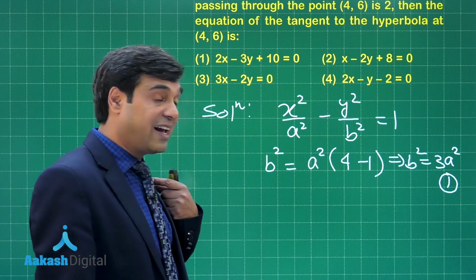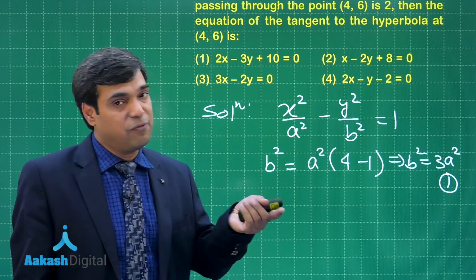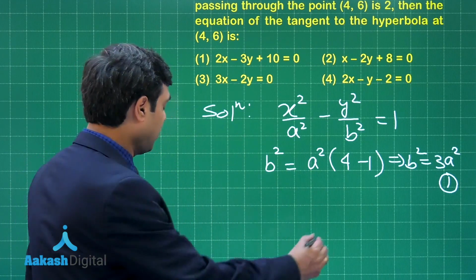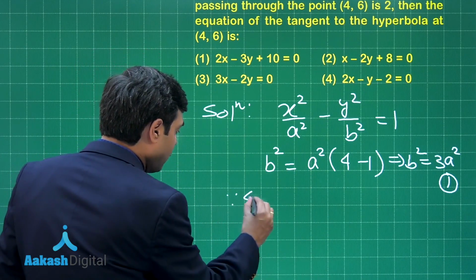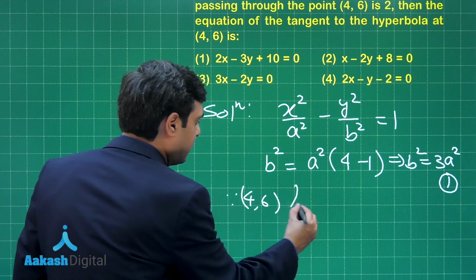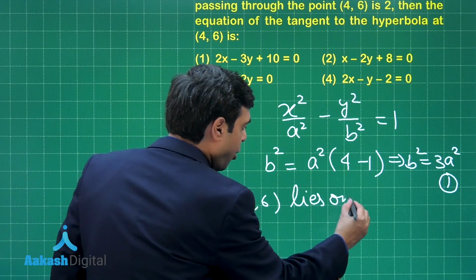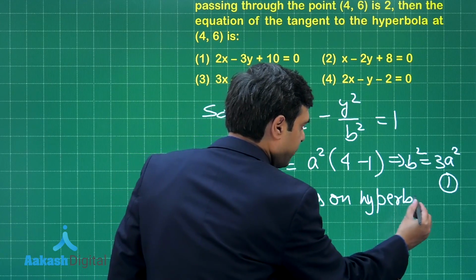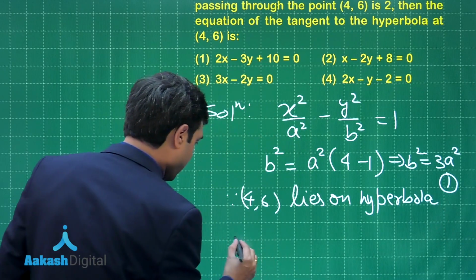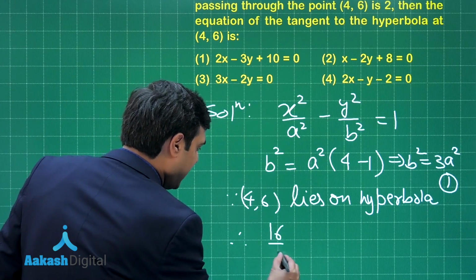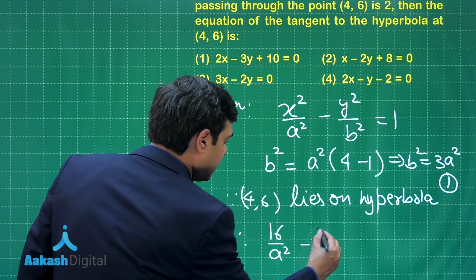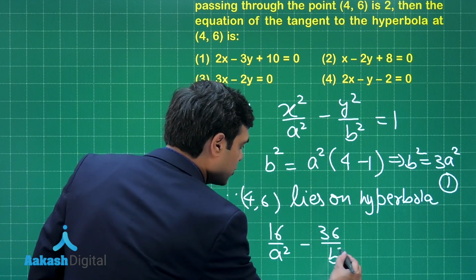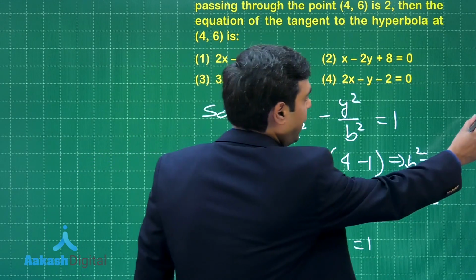Now we have to find the tangent at (4, 6), meaning (4, 6) is lying on the hyperbola. Since (4, 6) lies on the hyperbola, therefore 16 by a square minus 36 by b square is equal to 1.